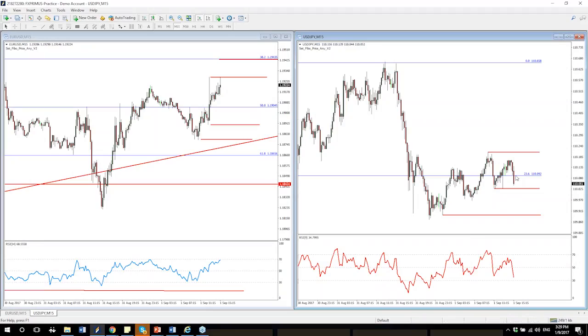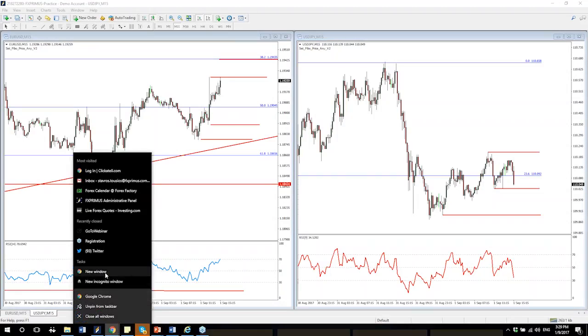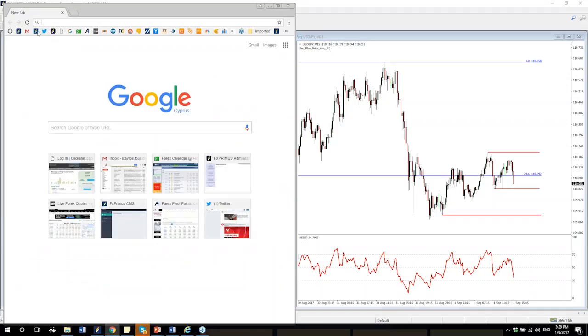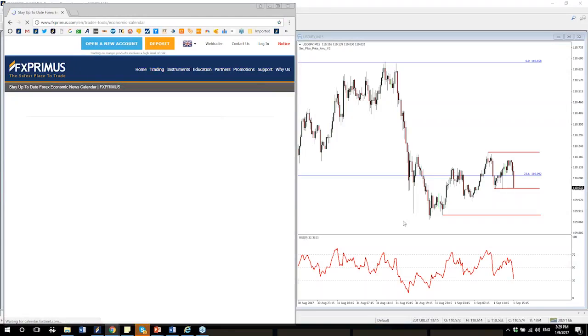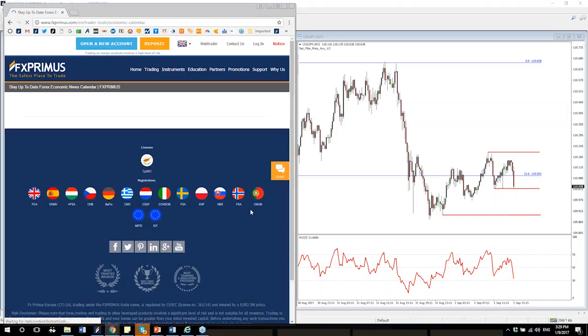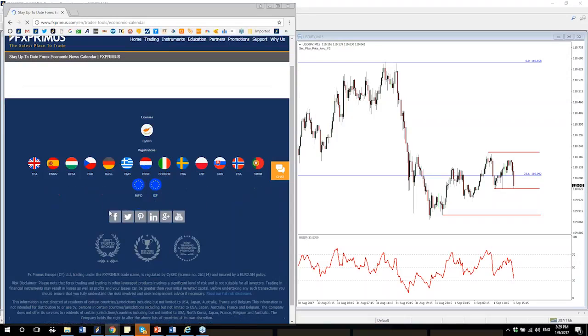And now we see some fluctuations because they are trying to set the direction ahead of the release. Okay. What we can do as well is we can open a new window here, and we can go and have a look at the results when they come out. Okay. So look at this. They're pushing down already on euro dollar.